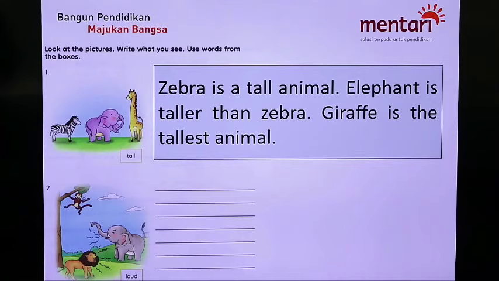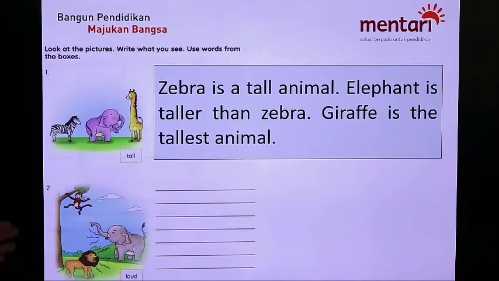Elephant is taller than zebra. Giraffe is the tallest animal. If we want to compare two animals, we can use taller than. But if you want to compare one animal with other animals, we can say giraffe is the tallest animal.